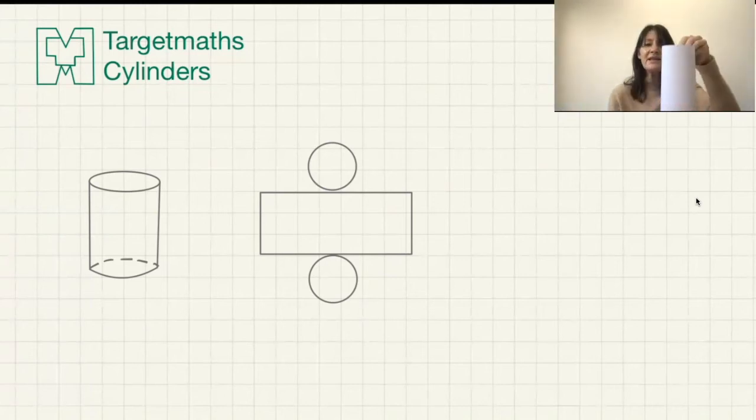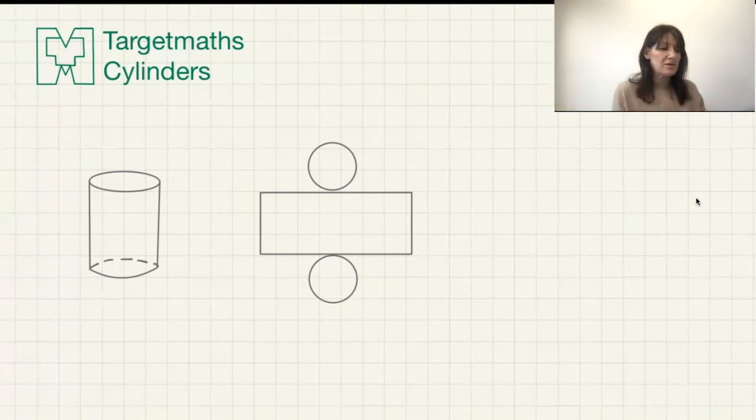So when I take this label and unwrap it from around the tin, the circle has become a straight edge. It's gone from being the top of the tin, viewed as a circle, to becoming the edge of a rectangle. So this edge of the rectangle uses circumference, so it uses that formula.